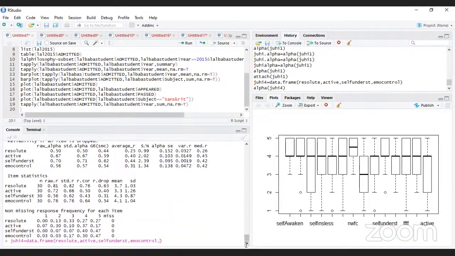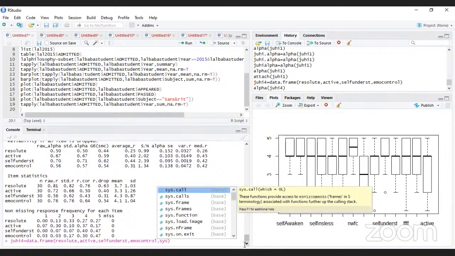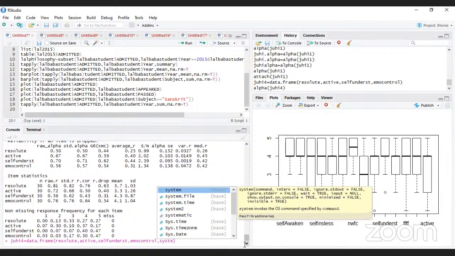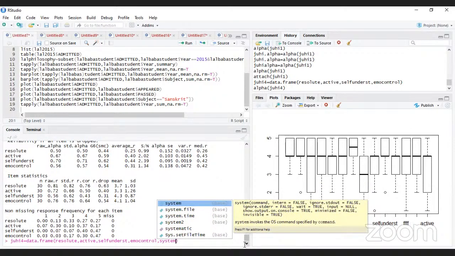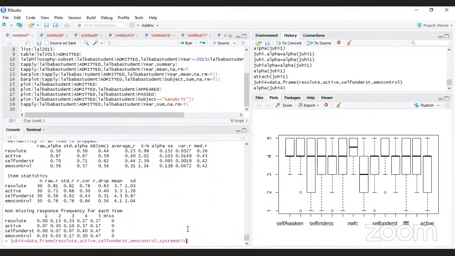So I have taken systematic also. So I have taken 5 items.